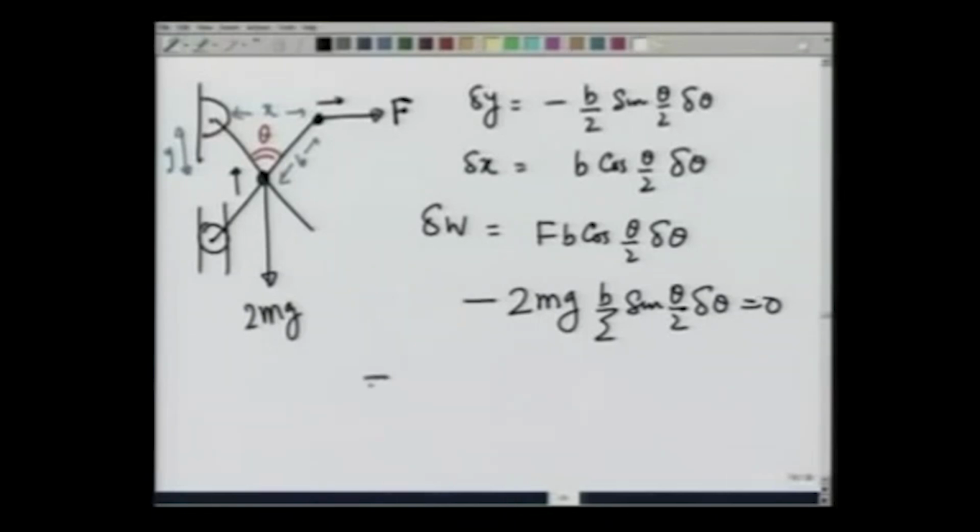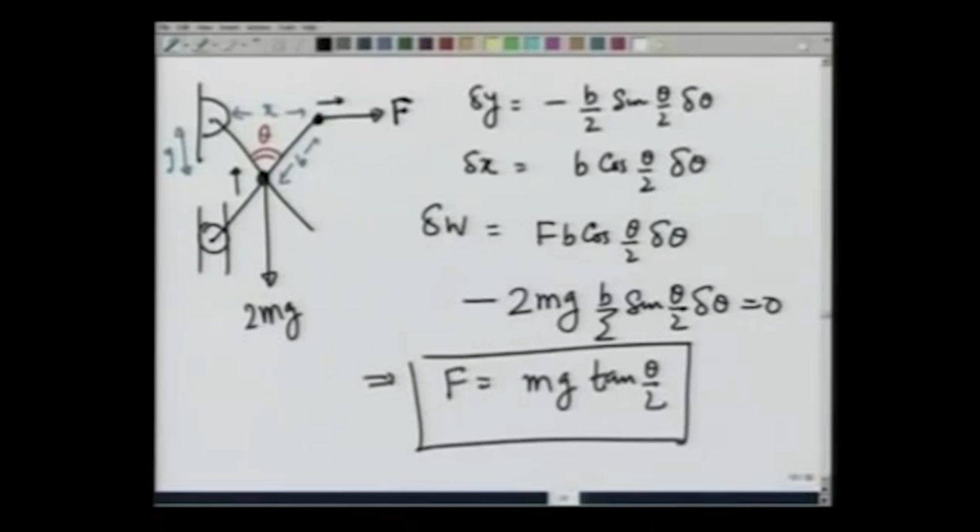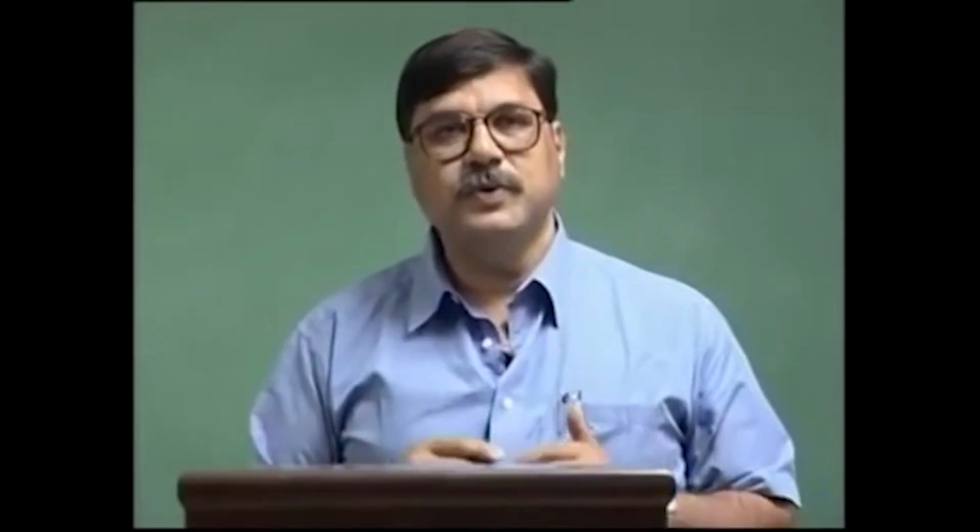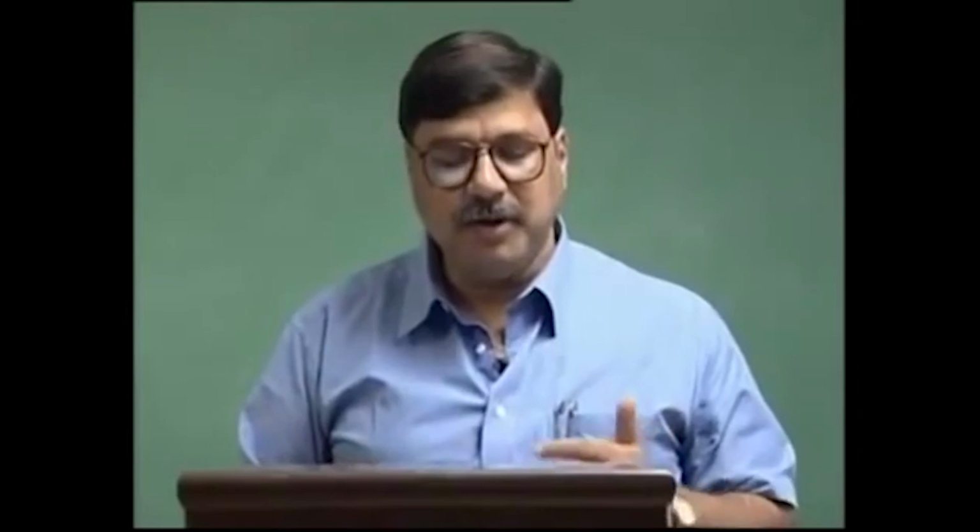You calculate this and you get F equals mg tangent theta by 2, and that is your answer that we had obtained earlier. Notice I did not have to go through calculating the normal forces and things like those, which we avoided and bypassed because the virtual work being done by those normal forces or constraint forces is 0.